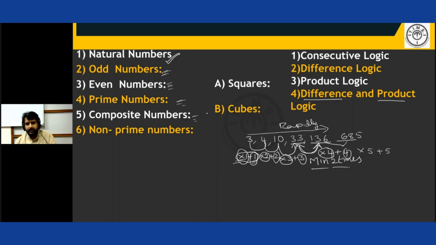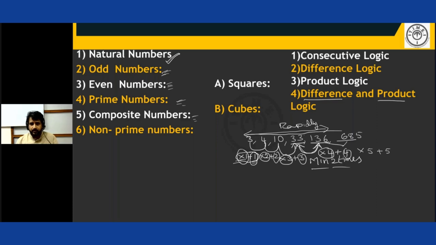If numbers are increasing rapidly, you will be checking for product logic. If a number does not go an exact number of times, you will cross-check how many times it goes at maximum and how much it is more or less than that number by. Then you will identify the pattern in the reverse order. I always suggest you identify the pattern in the reverse order. Okay, so that is difference and product logic applied together.